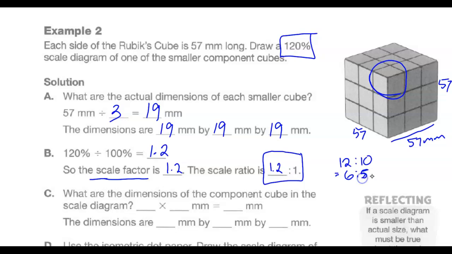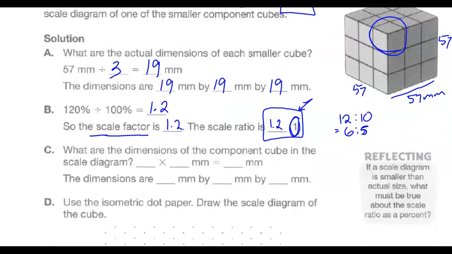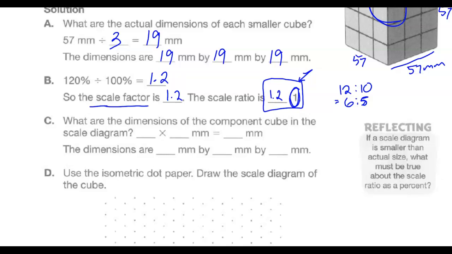That's a proper ratio in lowest terms, but this is often how you'll see it because of that 1. Because you just want to measure 1 unit, whatever it is, when you're looking at a diagram, right? So what are the dimensions of the component cube in the scale diagram?